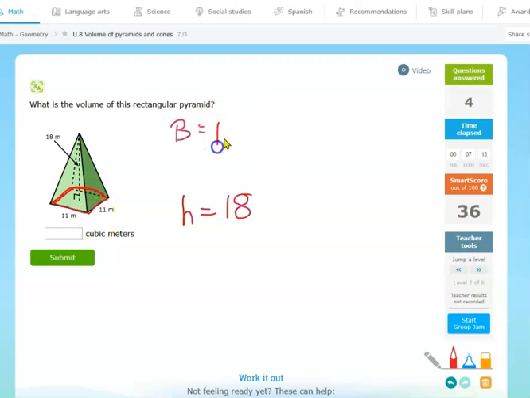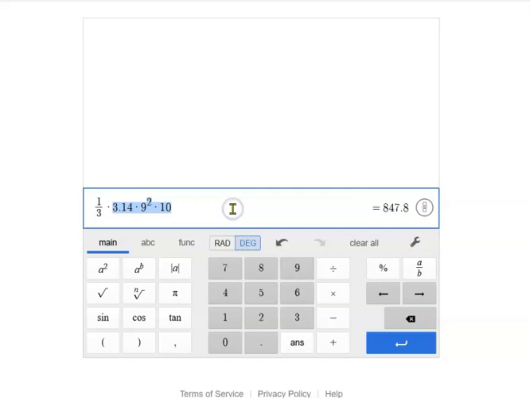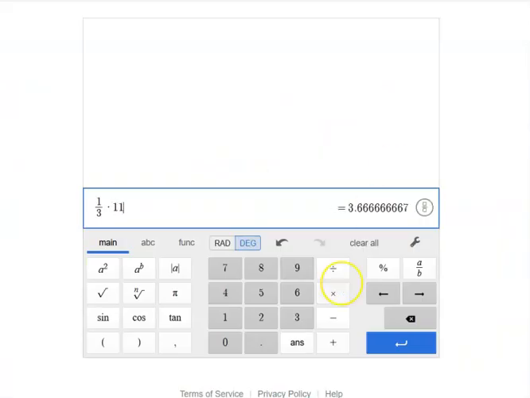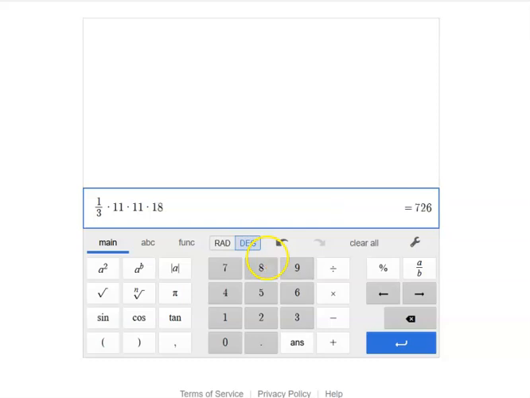So it's just length times width. So it's just 11 times 11. Okay, back over here. 1/3 times the area of the base, 11 times 11, times the height, which is 18. There's our answer, 726.